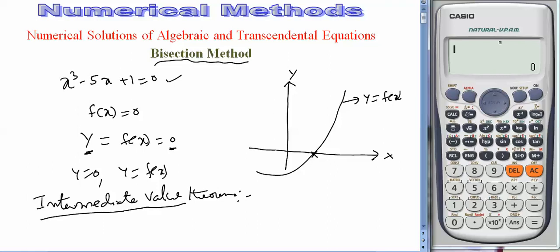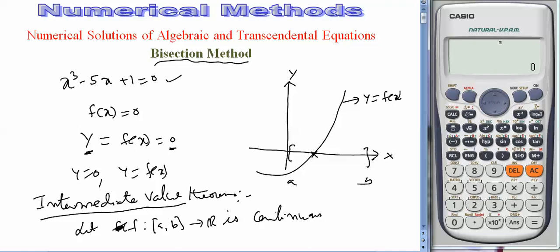Suppose y equals f(x). Let f be a function from A to B to R, a continuous function. Continuous function means there are no discontinuous points from this point to this point.